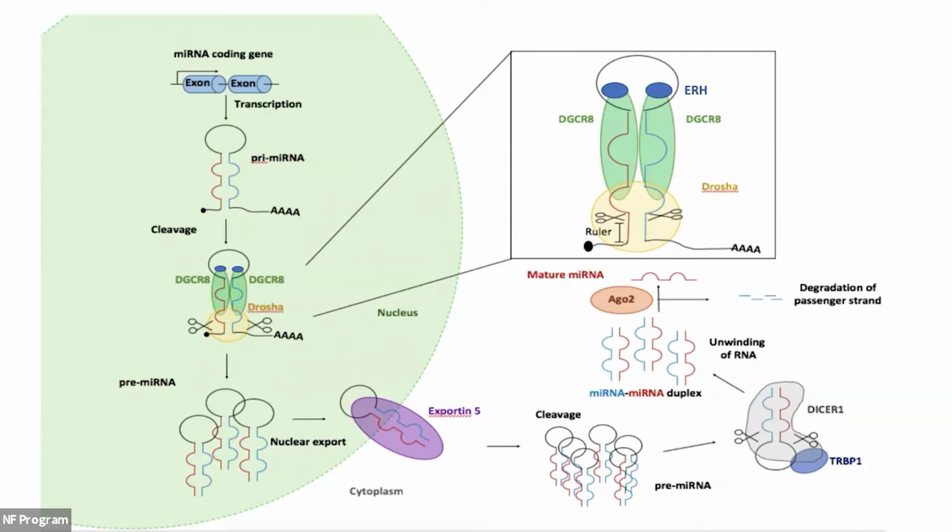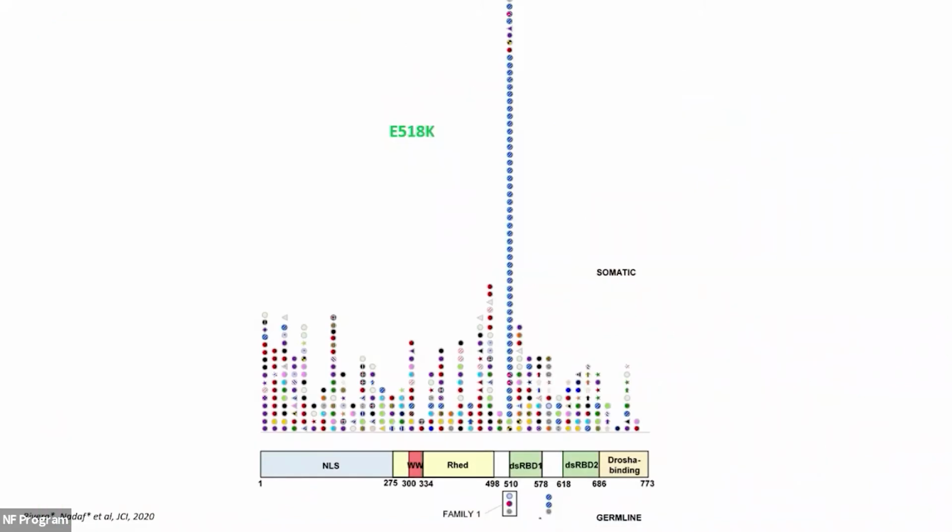So it's also in the middle of what we call the microprocessor, which very recently we know is formed by 2 molecules of ERH, another protein, 2 of DGCR8, and one of Drosha. DGCR8 does not cleave, but helps securing the hairpin there.